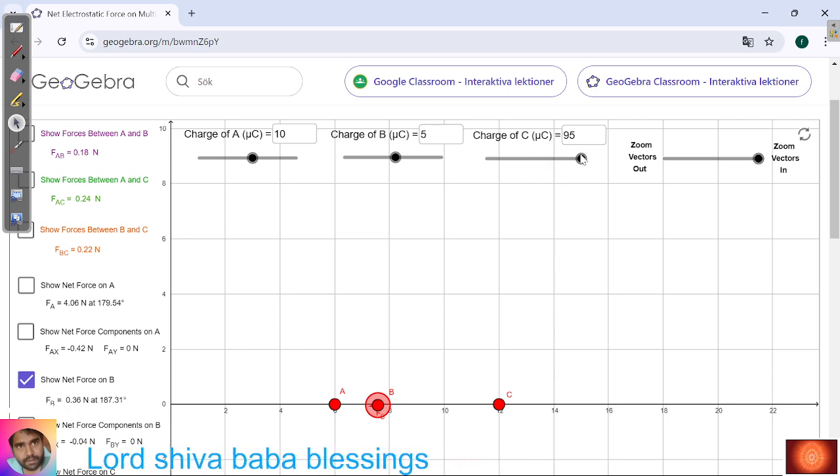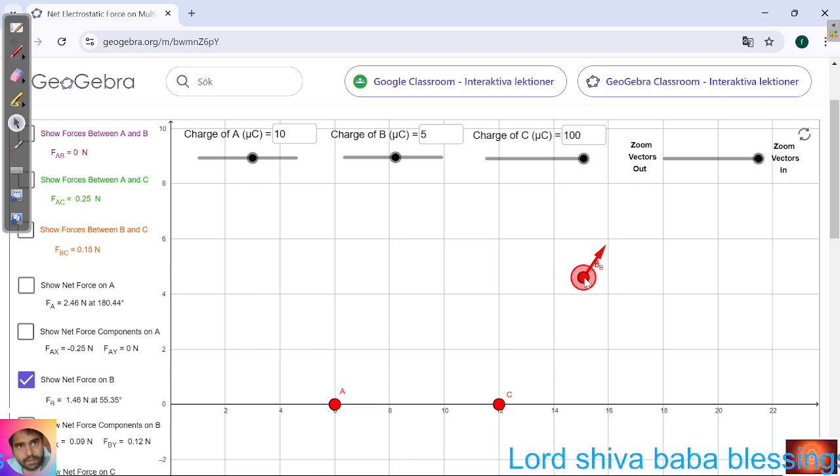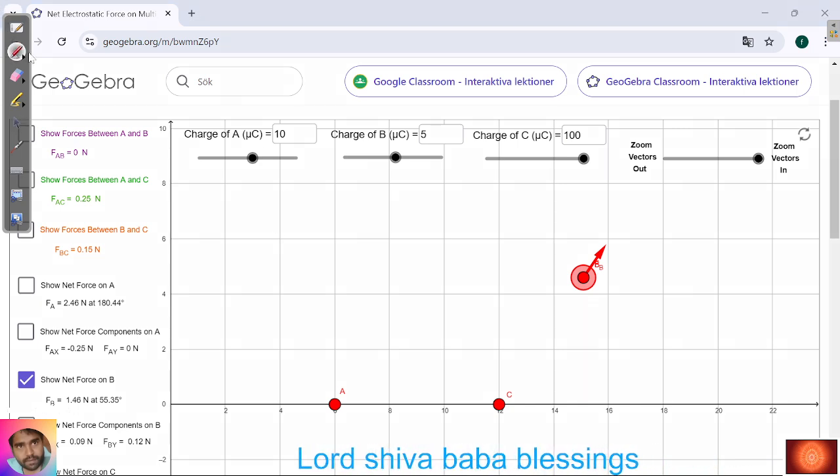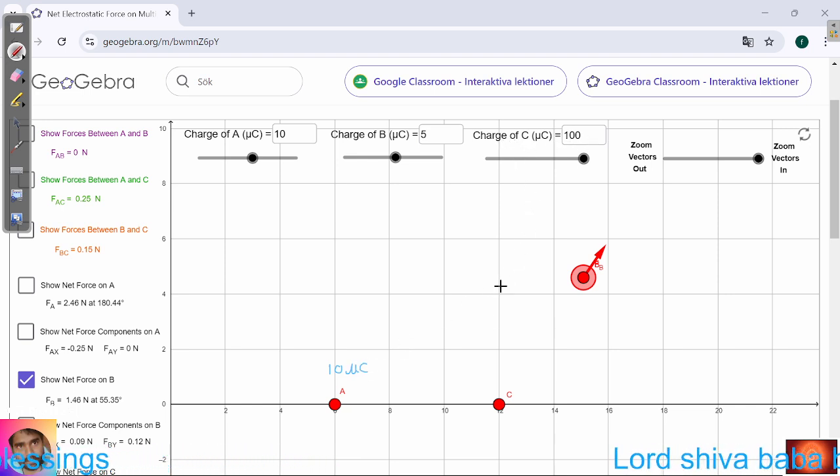Now let us look at the simulation version of the null point, which I explained. First let us consider point charge A, which is 10 microcoulomb, and point charge C, which is 100 microcoulomb.